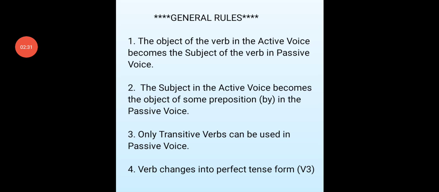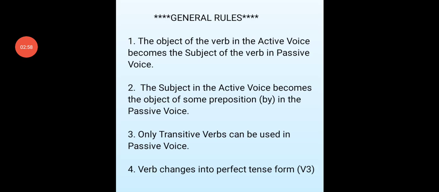So the object of the verb in active voice becomes the subject of the verb in passive voice. Second rule, the subject in the active voice becomes the object of the preposition by in passive voice. When we change subject into object, then we use a preposition by before it.